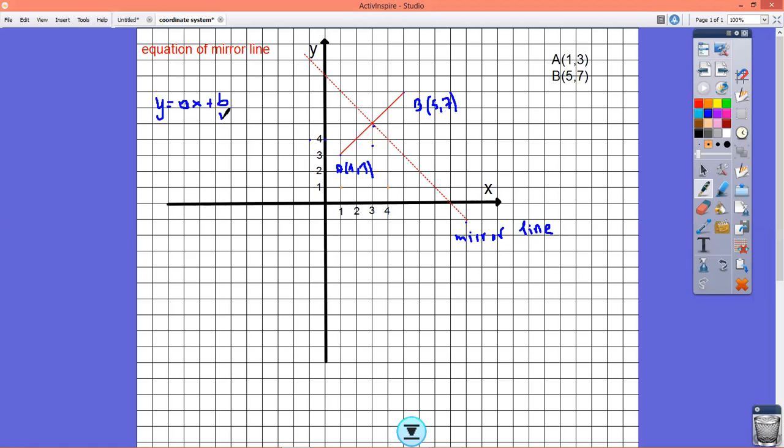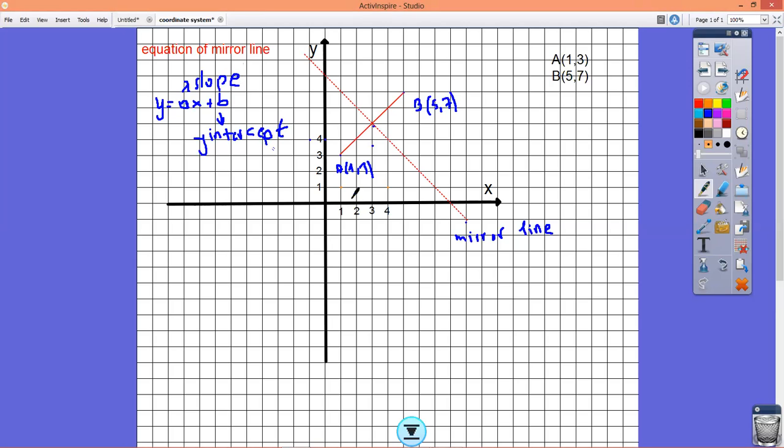This was the y-intercept, and a was the slope.